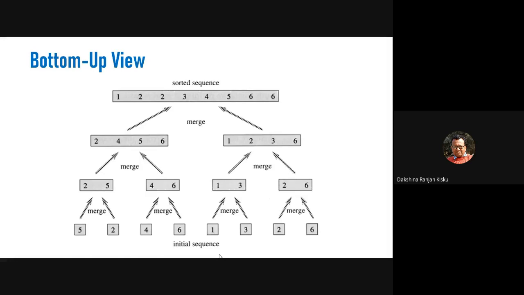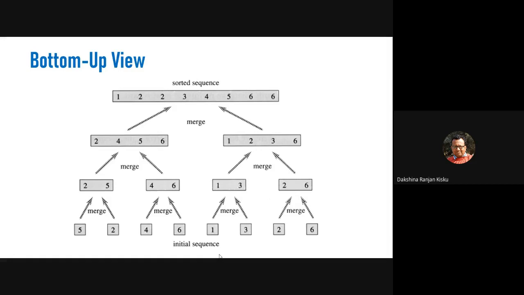Here 5 and 2 are two sorted subarrays, 4 and 6 are two sorted subarrays, 1 and 3 are two sorted subarrays, 2 and 6 are two sorted subarrays. Now when we merge 5 and 2, we obtain a sorted sequence, that means 2 and 5.